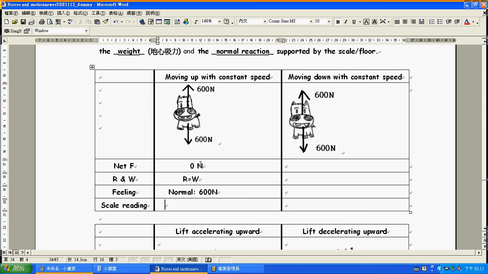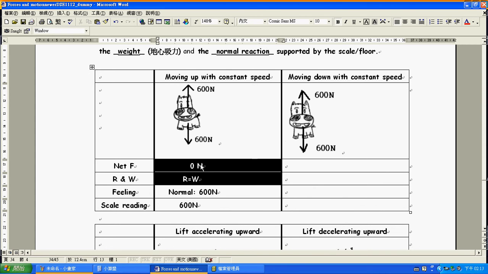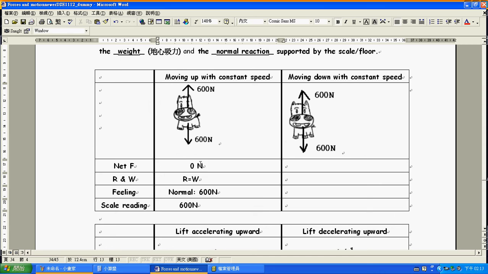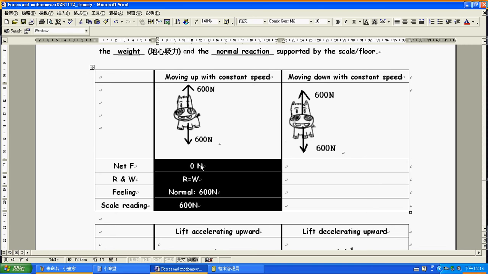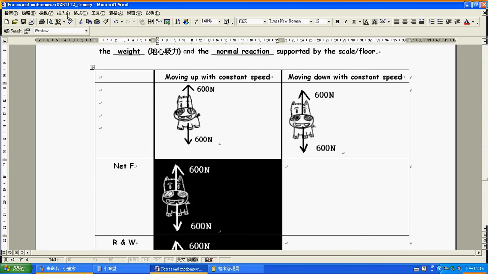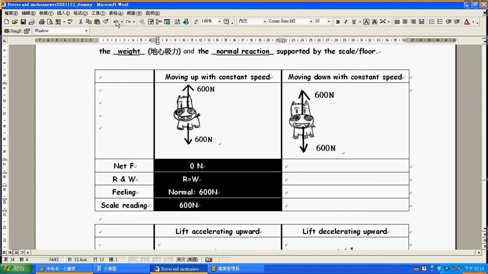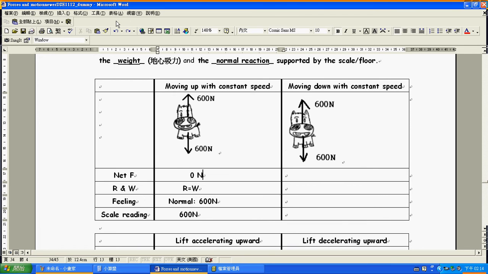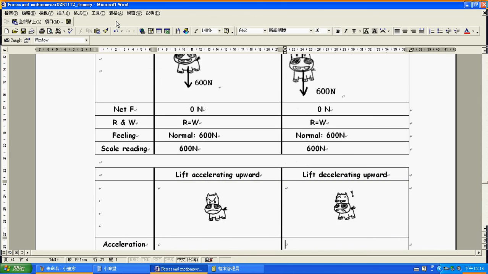And the scale reading is also 600 Newton. Now these values must also apply to the case of moving down at constant speed.